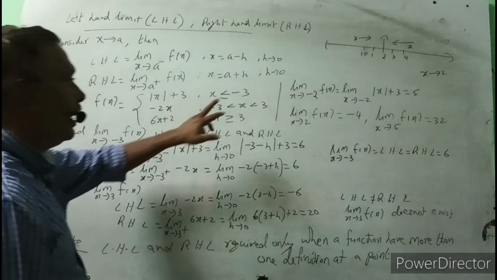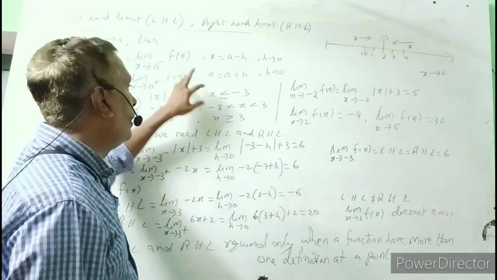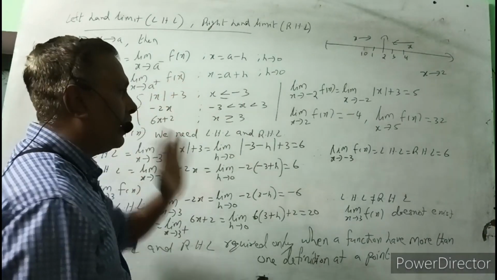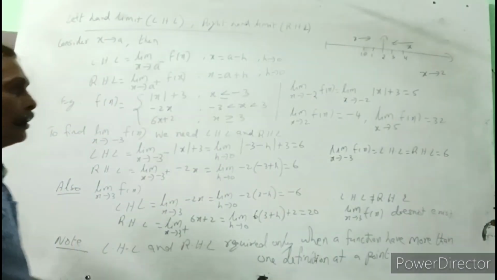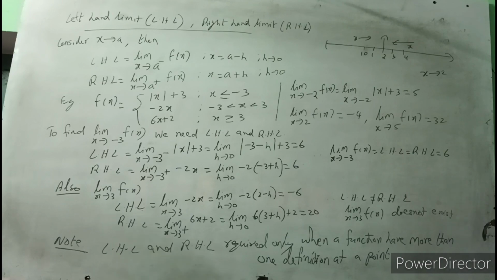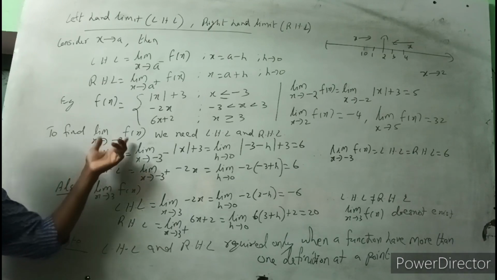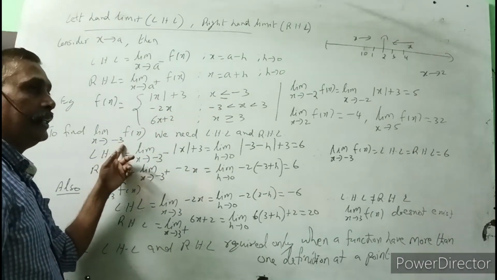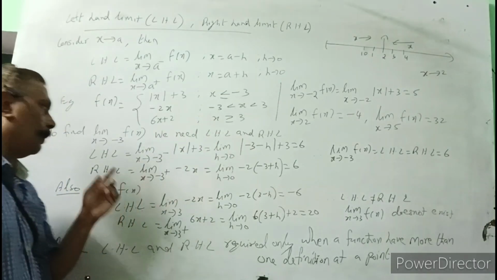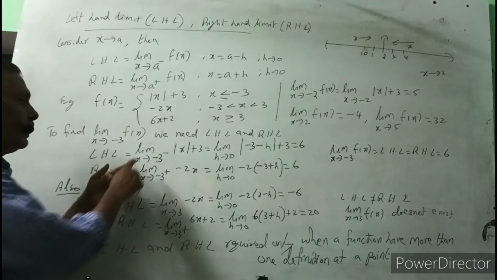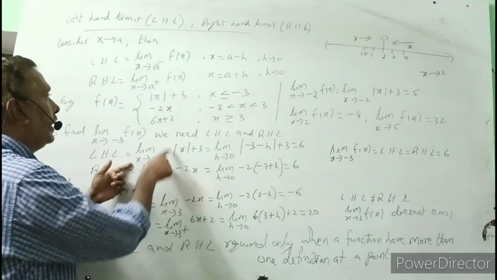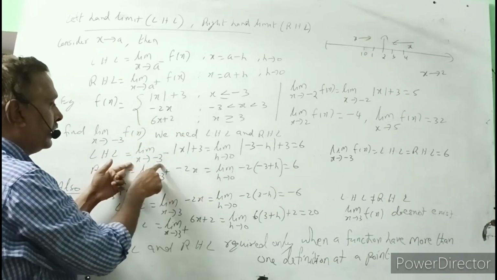So at a particular point, if two functions are coming at the same time, then you require LHL and RHL. For example, I want to find out limit x tends to minus 3. We need LHL and RHL. So I use LHL, limit x tends to minus 3 minus, here a is minus 3.